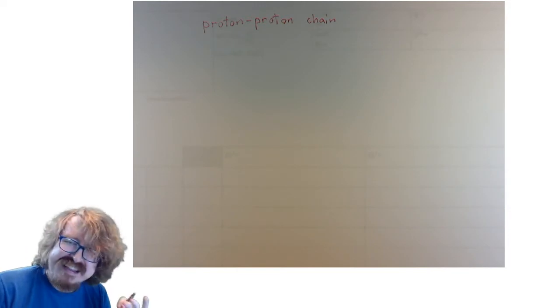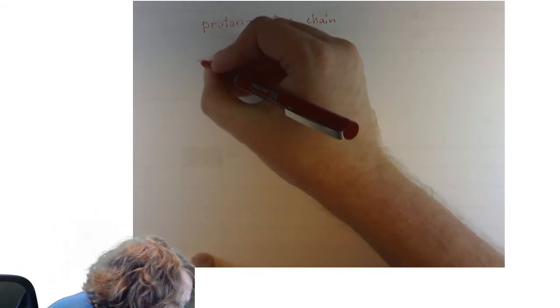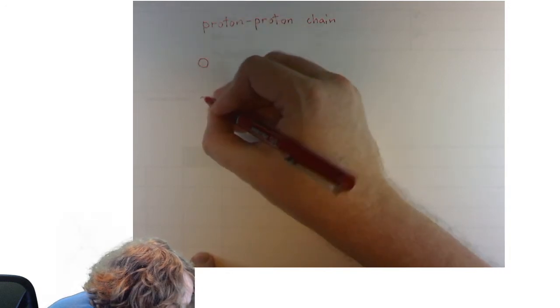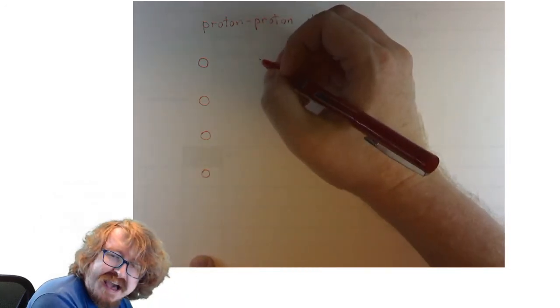So in this particular type of fusion, the sun starts with 4 atoms of hydrogen. So I'm going to draw that right here. There we go. That's our 4 atoms of hydrogen.